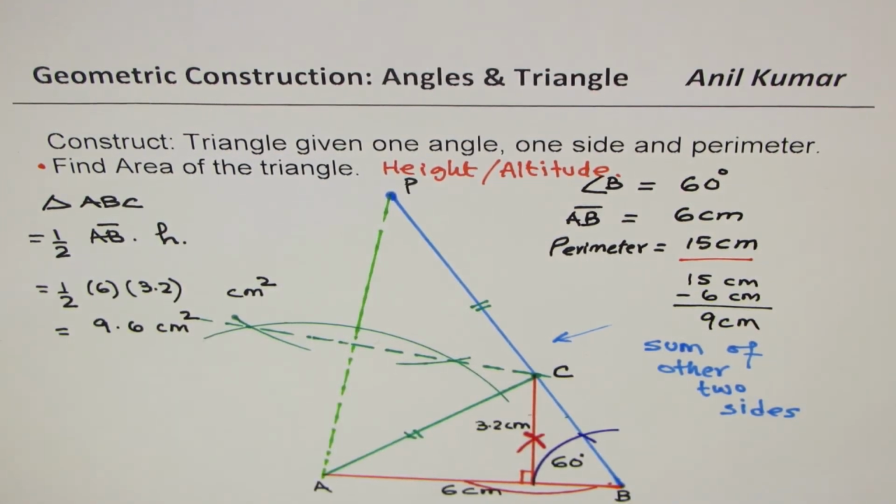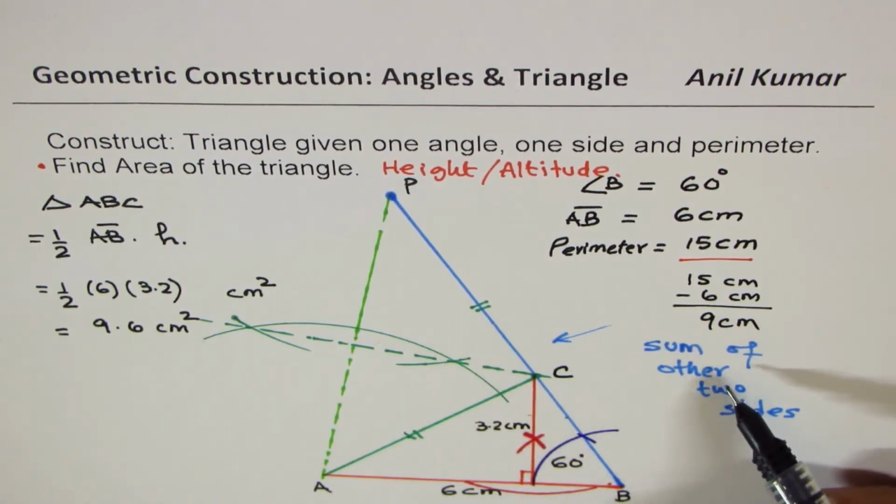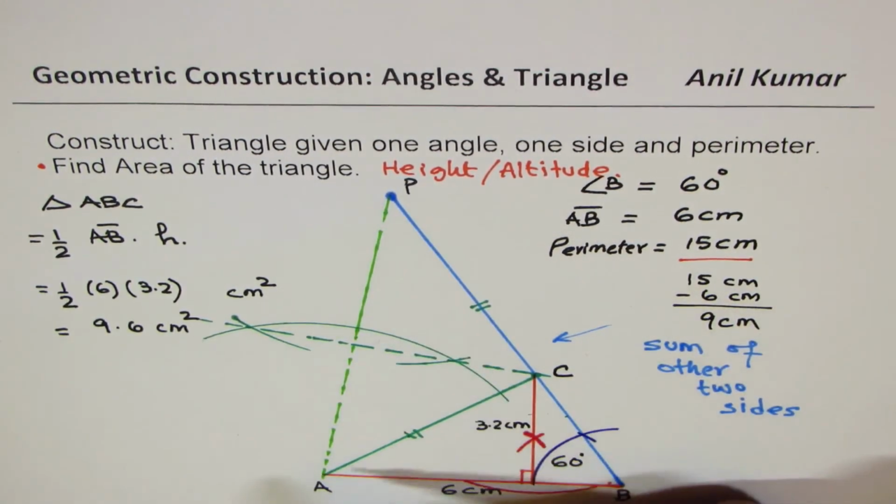So I hope it is absolutely clear, right? In the first part, we constructed a triangle with given angle, 60 degrees. We took the other side, which was the sum of the other two sides, and connected AP.